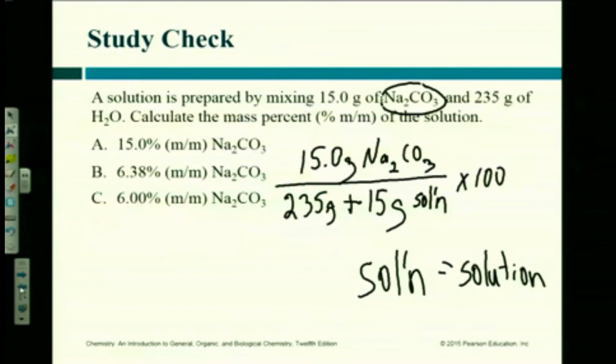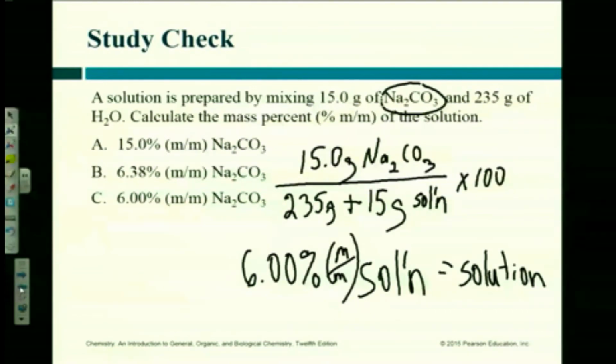So what's the answer? 6. Okay? We all see how we did that? That you have to add the two together because it's the mass of the entire solution, not just the solvent.